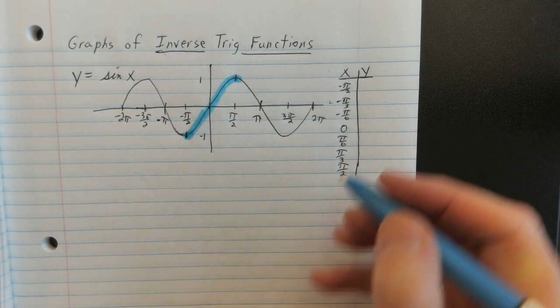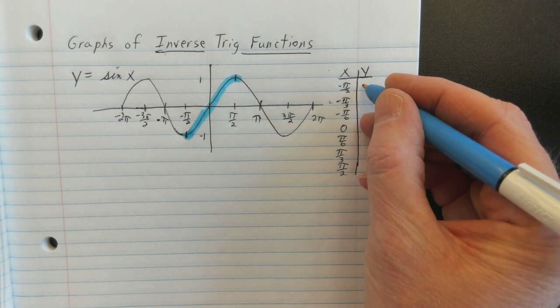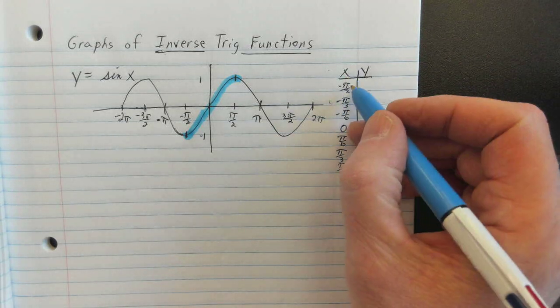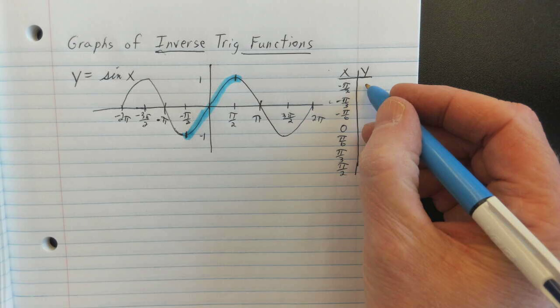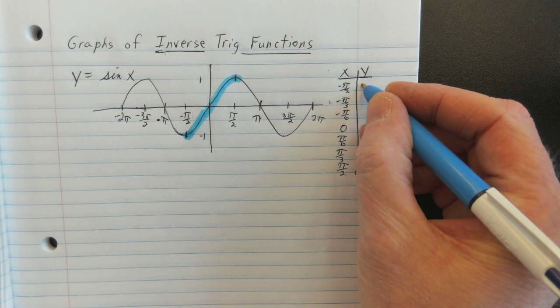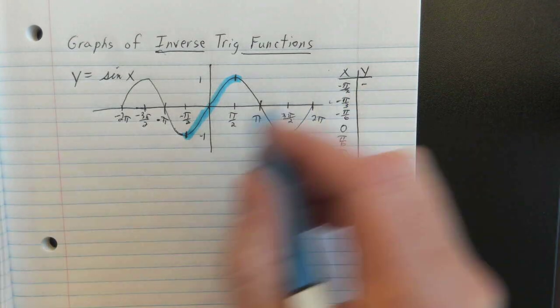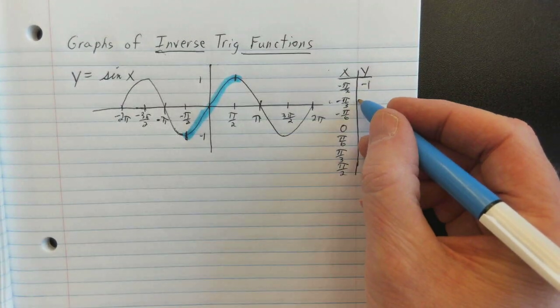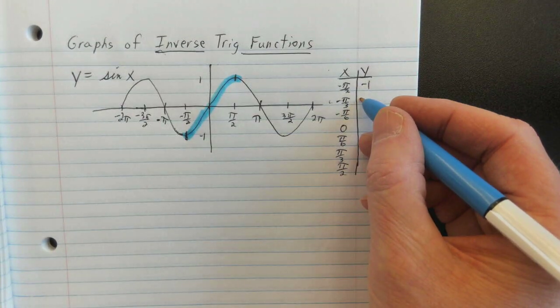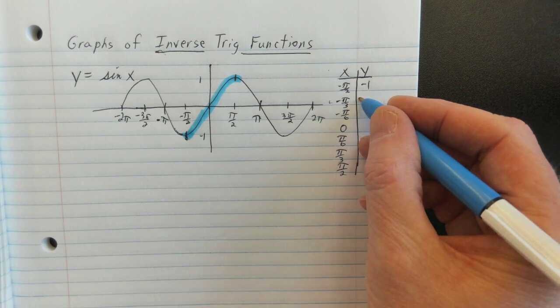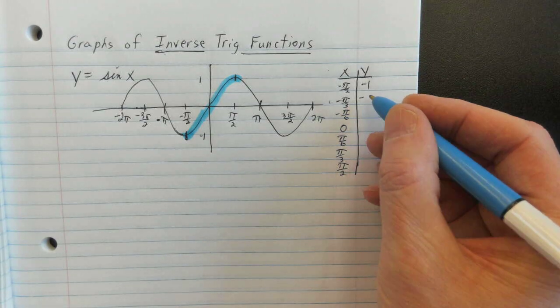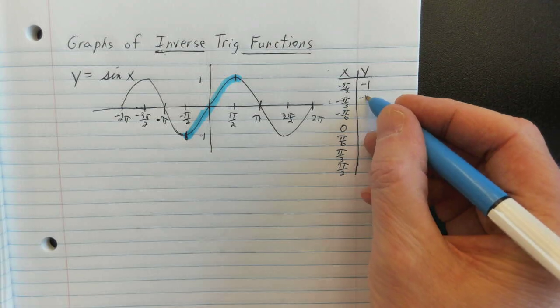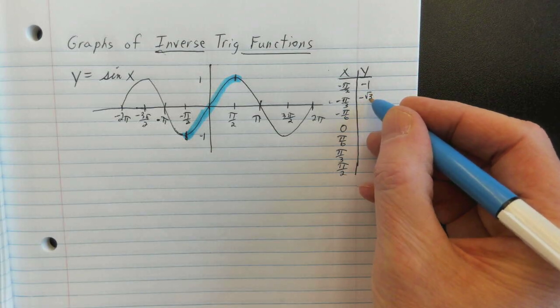Okay, and with that in mind, what's the sine of negative pi over 2? Looks like negative 1. How about sine of negative pi over 3? You guys got your unit circles handy?